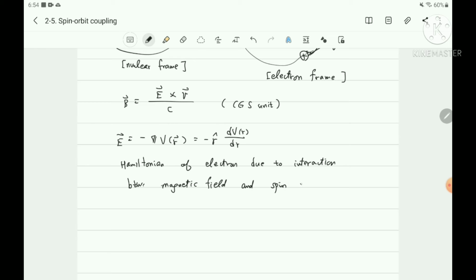We call it spin-orbit coupling, or spin-orbit interaction.